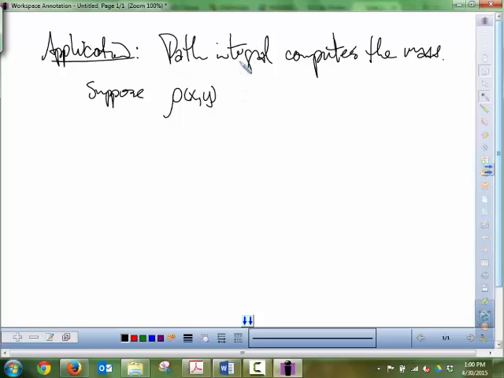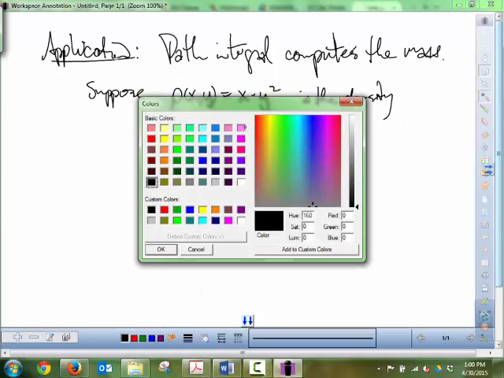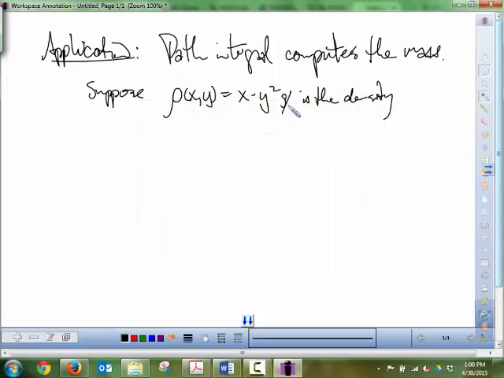Let's just say x times y squared is the density. If you want to give it units, I think the units should be per area, grams per centimeter squared or something.